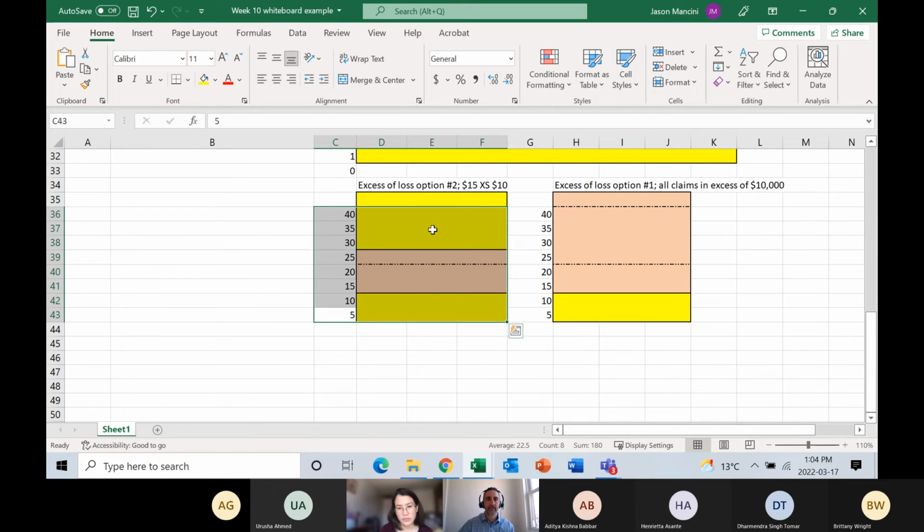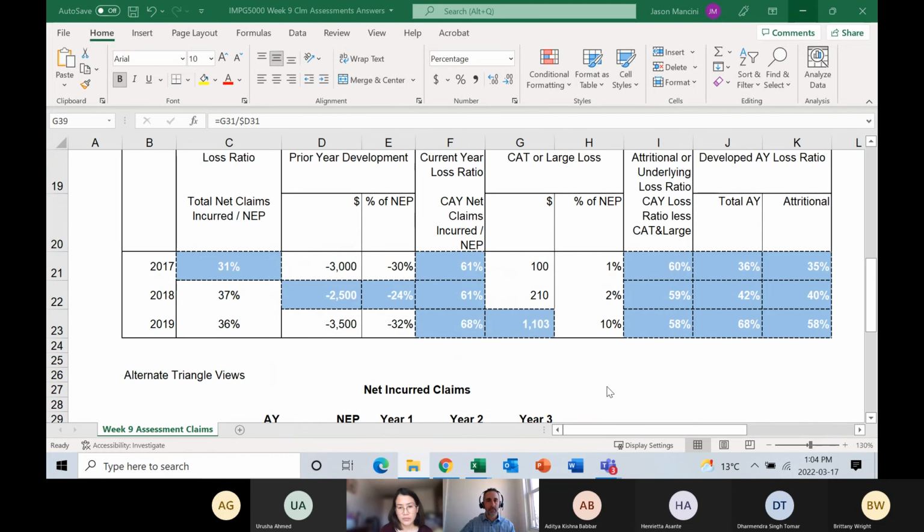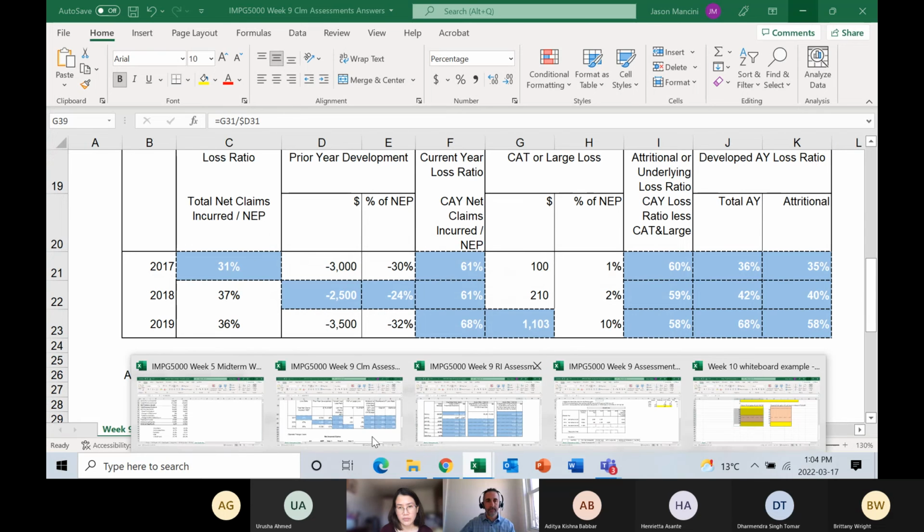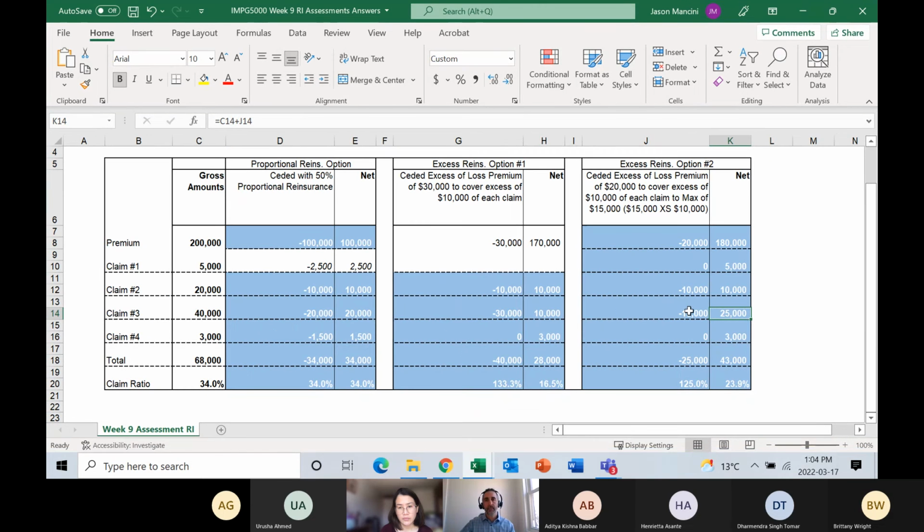It's the company's share. So that's what this is saying. We could cede out maximum 15. Our net is 40, less the 15 is 25.